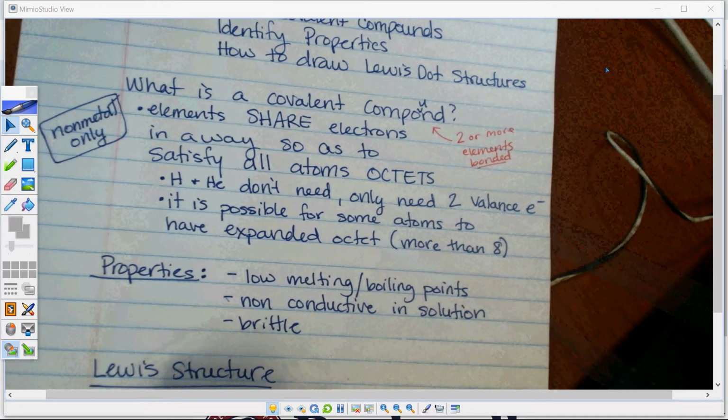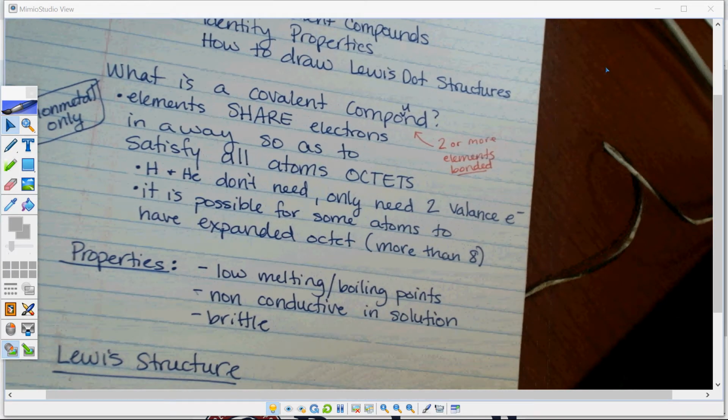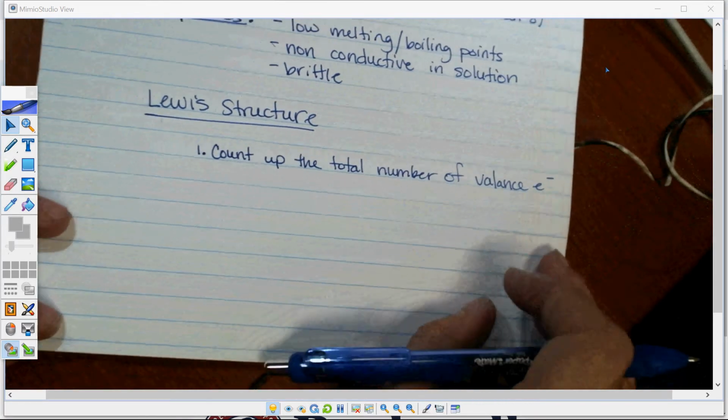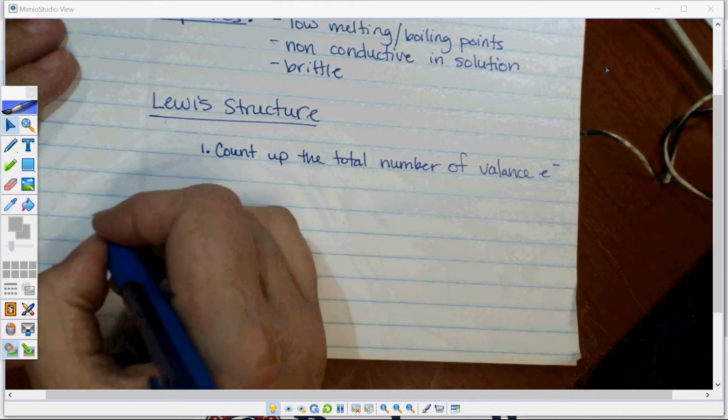So the first step in producing a Lewis structure is to count up the total number of valence electrons. So let's do an example as we're working out the steps here.